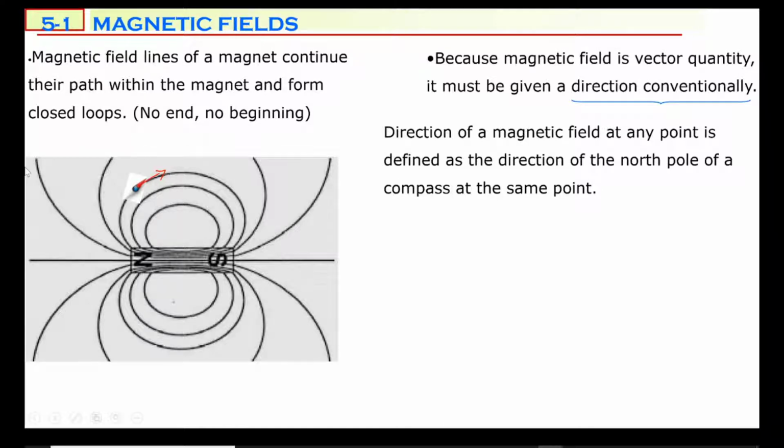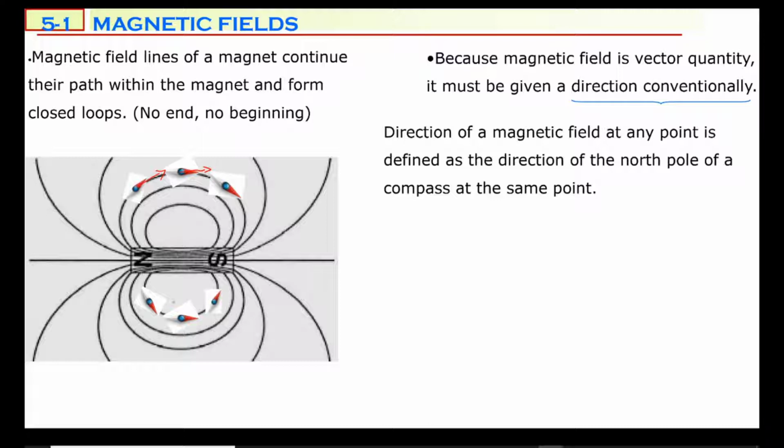For another point, if you choose another point in here, the compass direction will show you again the direction of the magnetic field. Put several compasses around this magnet, and these compasses will align themselves in the direction of the magnetic field around this magnet.